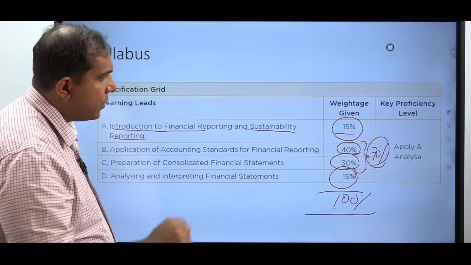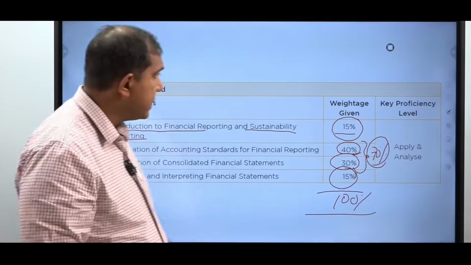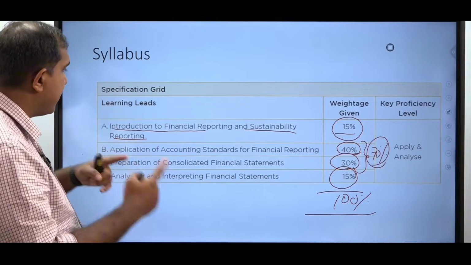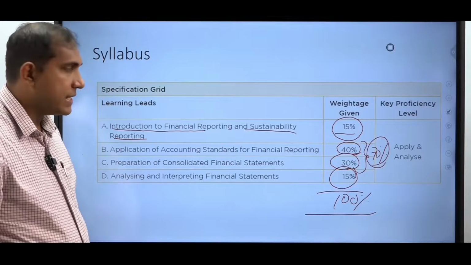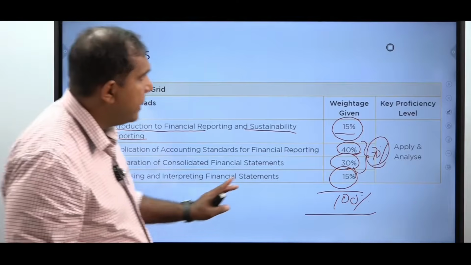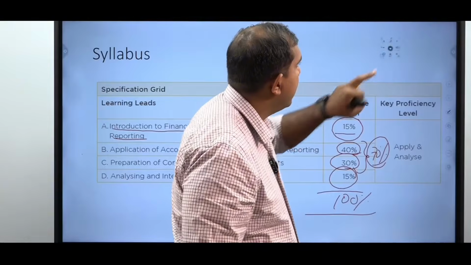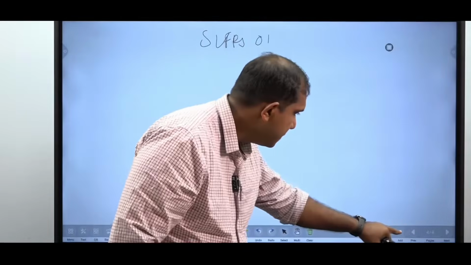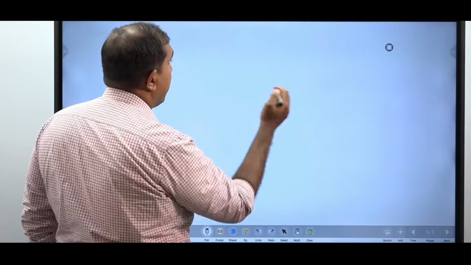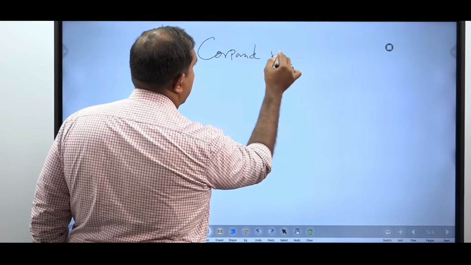Now, I already told you there are 4 sections. 15% is allocated for financial reporting and sustainable reporting. I will again go to my whiteboard and show you what is corporate reporting.